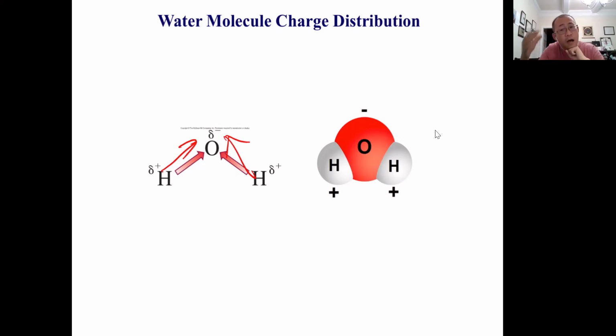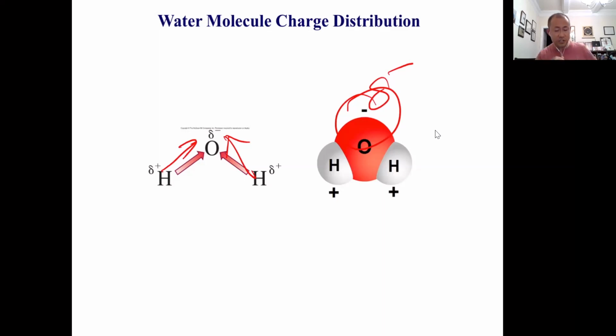Now, when the water molecule is polar, it means the charge distribution in the whole water molecule is not evenly distributed. The oxygen side of water has more negative charge, because both dipoles point to the oxygen.